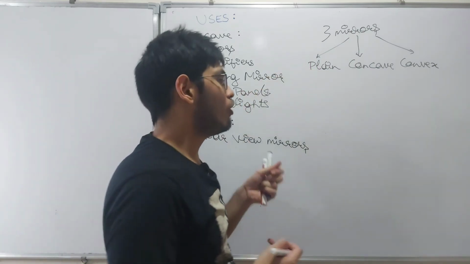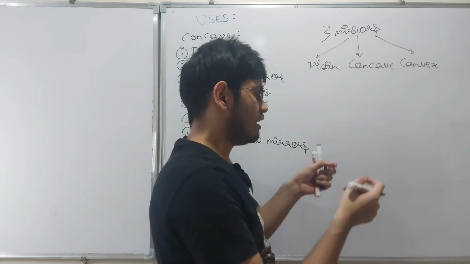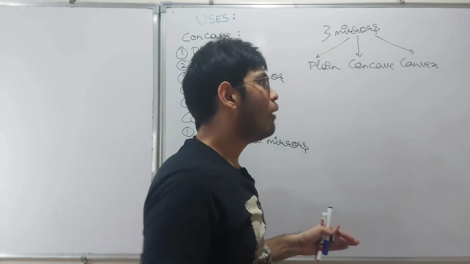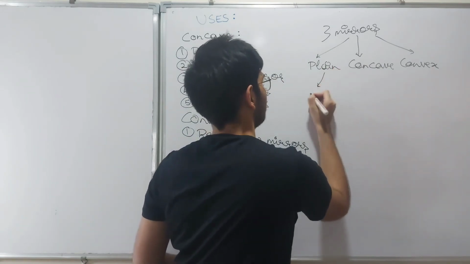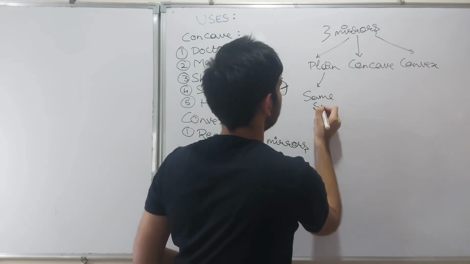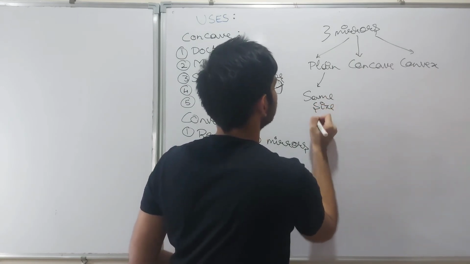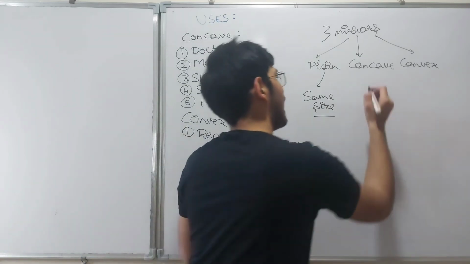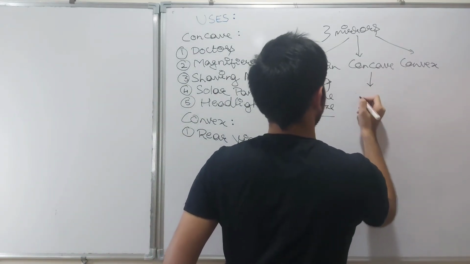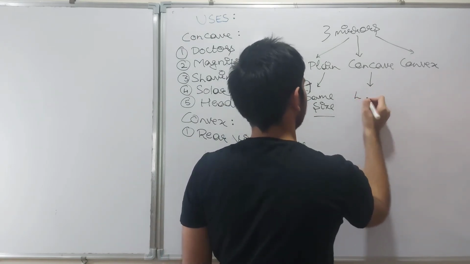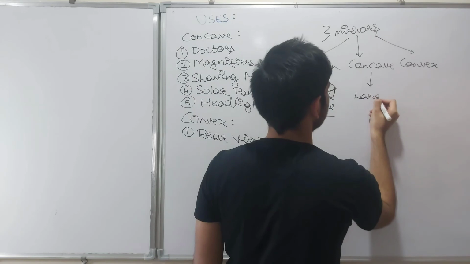How? We will just stand in front of the mirror. If the image being formed is of the same size, then that particular mirror is a plane mirror. If the image being formed is of a larger size, if a magnified image is being formed, then that mirror is a concave mirror.